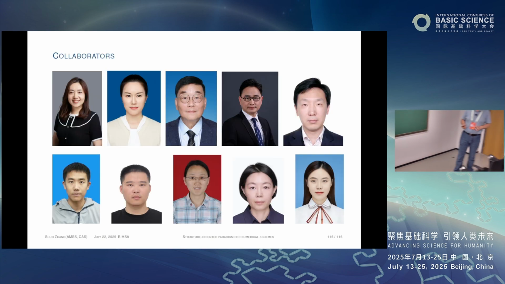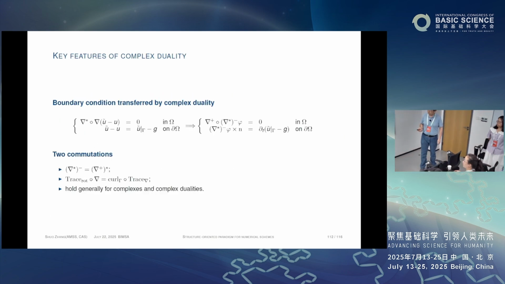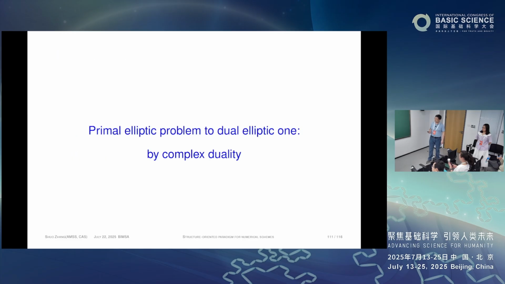Okay. I do not think the method works only for elliptic problems. If you start from an elliptic Poisson equation, then you can transfer it to a dual formulation, a mixed element formulation, right?